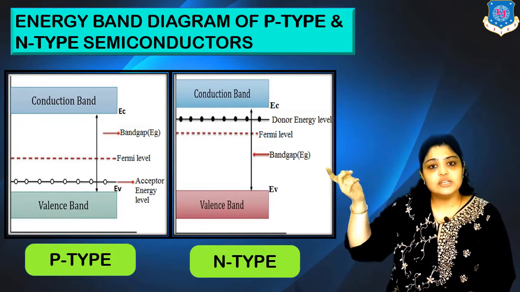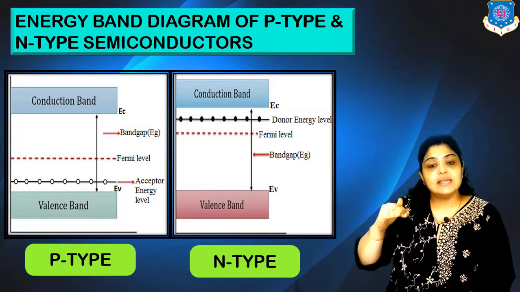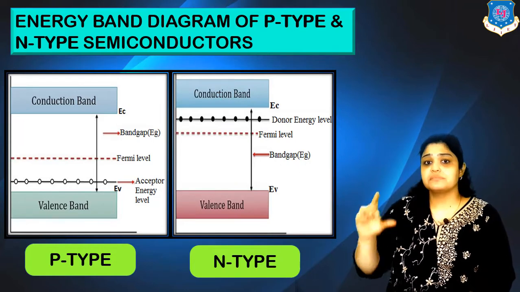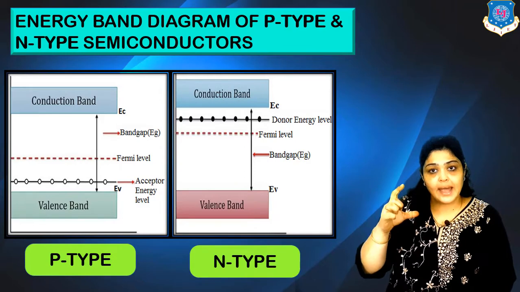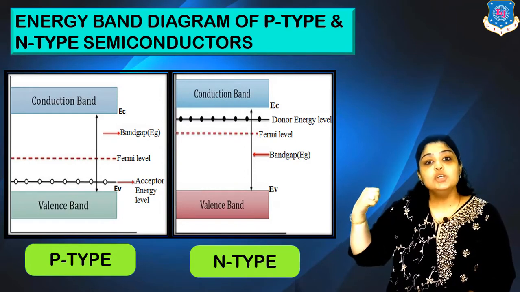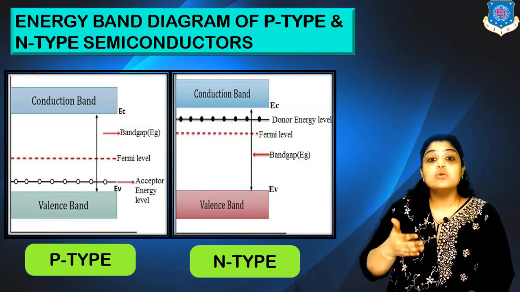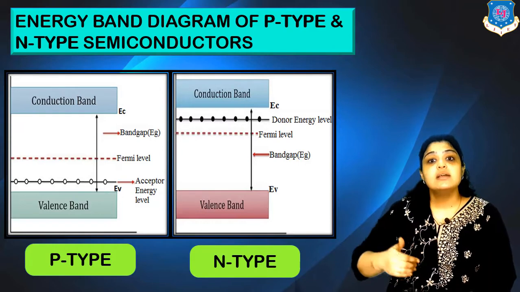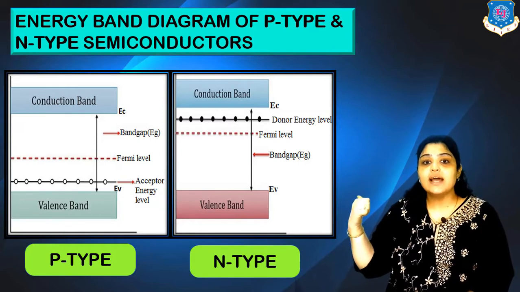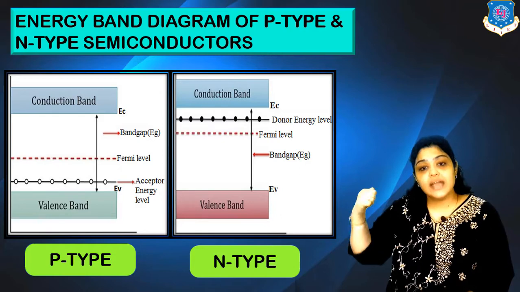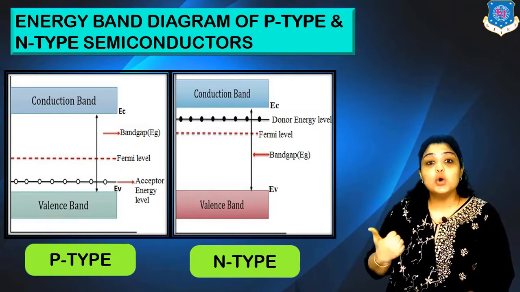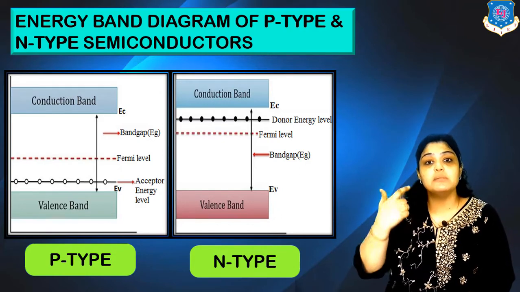You can see the conduction band, its lowest level EC, again of the semiconductor. In between them there is a band gap. You can also see a donor energy level which is close to the conduction band. The Fermi level in case of n-type semiconductor is close to the conduction band.